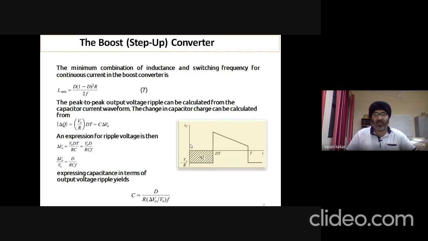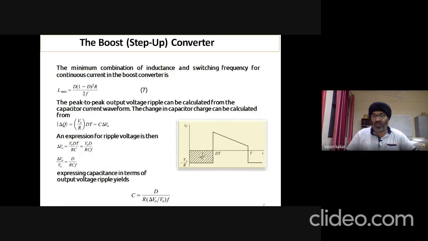Now peak to peak output voltage ripple, as we saw in the buck converter's case, can be calculated from the capacitor current waveform, which is shown here. So the change in capacitor charge, as we already know, can be found using the output voltage divided by resistance multiplied by the turn on time.